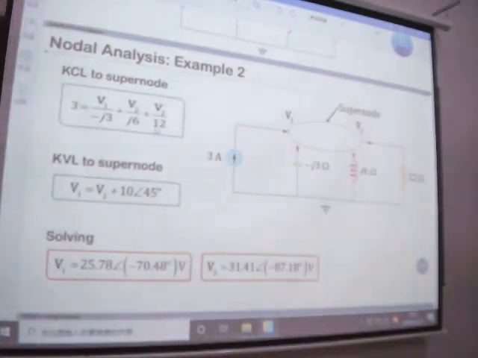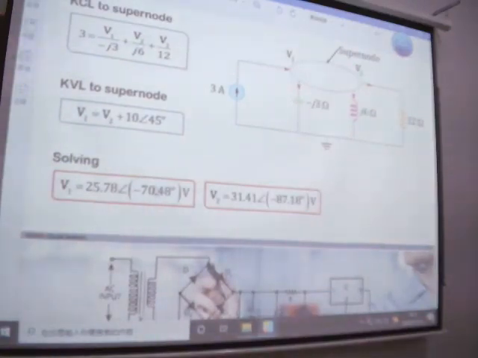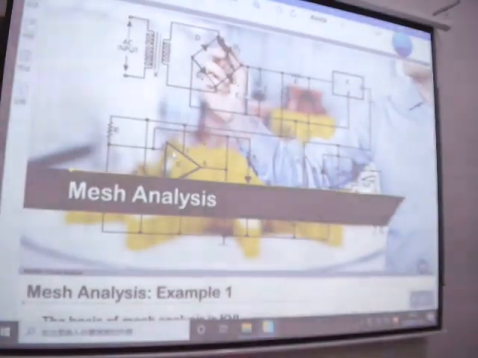So now we have 2 equations and 2 variables, and we can solve it out and get the value. But here we need to notice this one and this one are in polar coordinates. You should use your calculator to calculate it out.